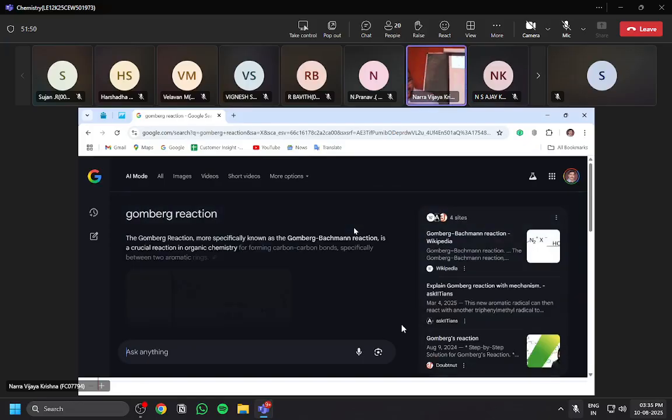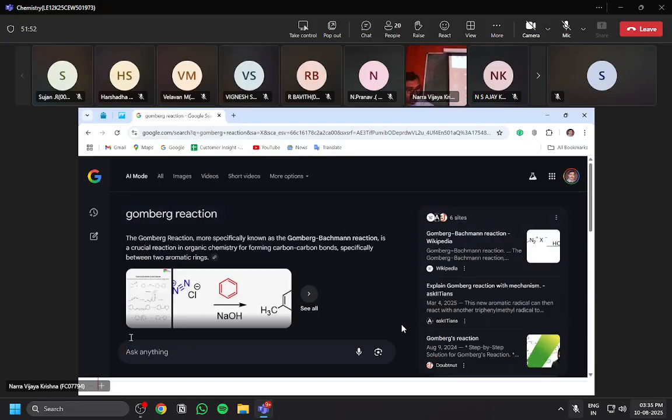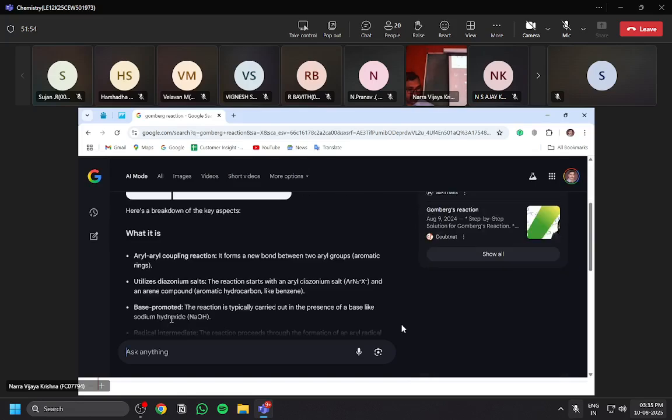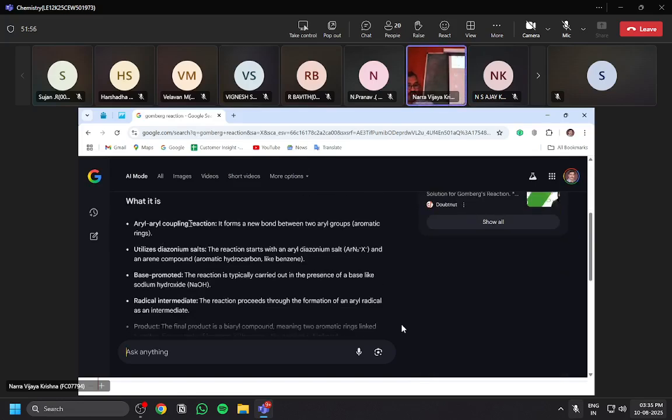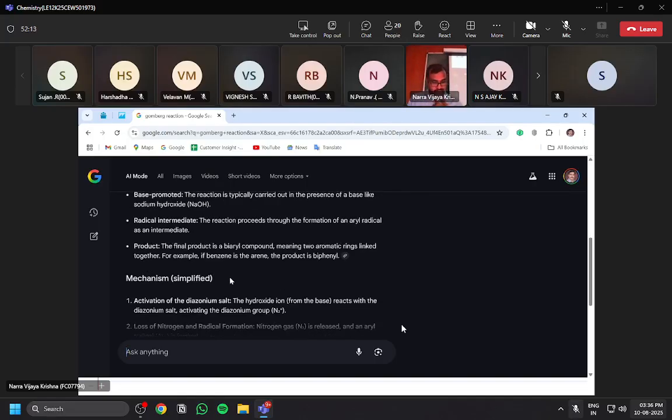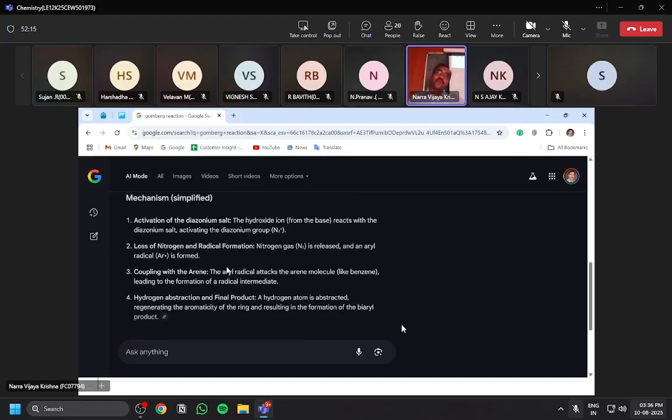It is thinking. Aryl coupling reaction. Two benzene rings, two phenyl rings couple with each other. Radical will form a bond. That's what they are saying. You're forming a new bond between two aryl aromatic rings, right? Gomberg reactions may lead to formation of biphenyls also.